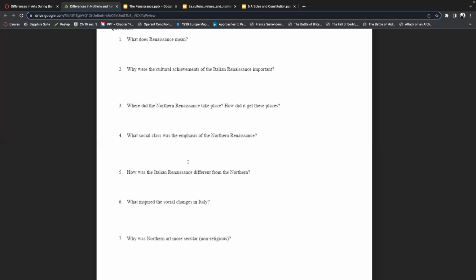So the wealthy, the elite, we talked quite a bit about how they focused on history of ancient Rome and ancient Greece, and a lot of their creations based off of some of these mythological beings and figures within their culture and their history. So it wasn't just based solely on Christianity. There's a lot of other themes emerging from the Italian Renaissance as well.